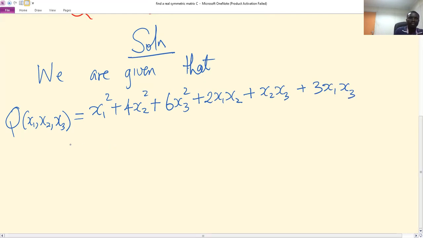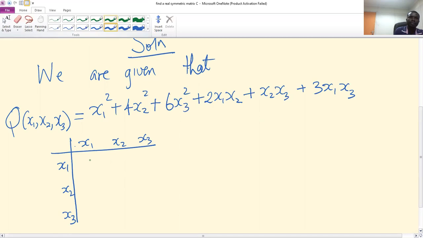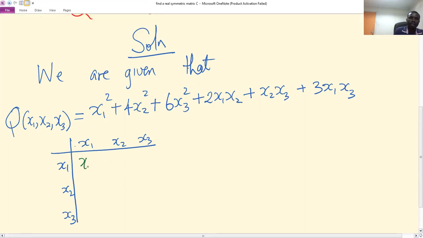Now this is how we make our life easier. We can draw this table. Say this x1, x2, x3, x1, x2, x3. x1 times x1 is x1 squared. x1 times x2 is x1 x2. x1 x3 is x1 x3. x2 x1 is x2 x1. x2 x2 is x2 squared. x2 x3 is x2 x3.